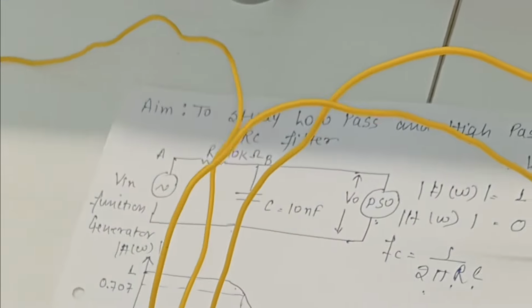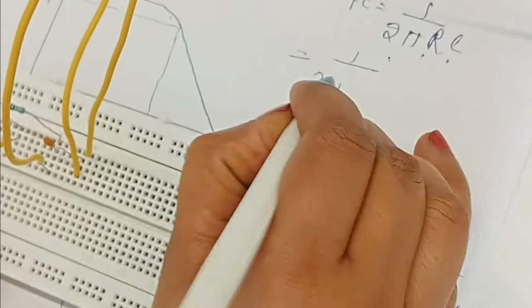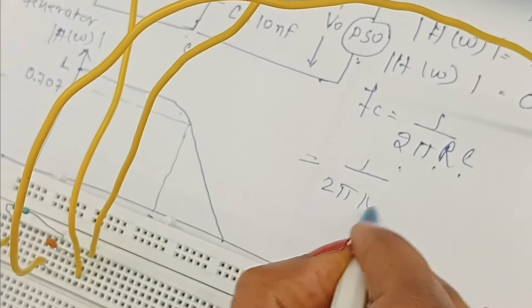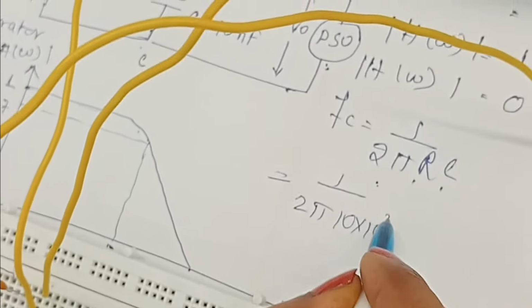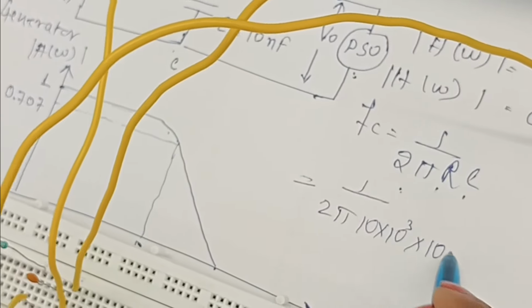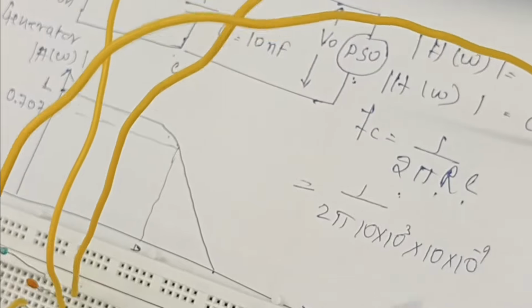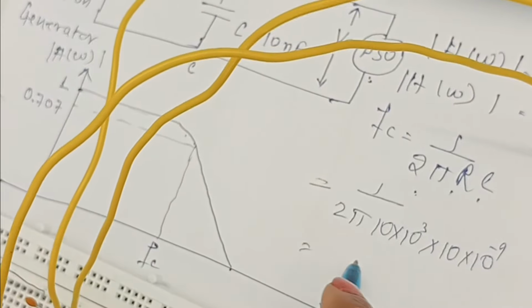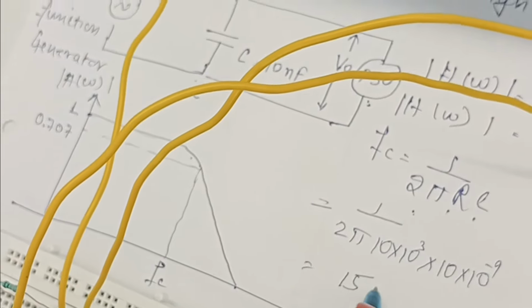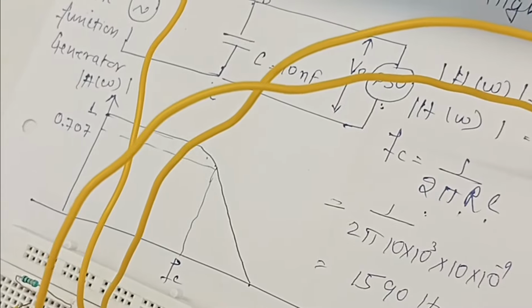Now before we start this experiment, let us calculate the cutoff frequency. Let's put the value of R and C. R was 10 kilo ohm and C was 10 nanofarad. So if I calculate this, it will come out to be 1590 Hertz.